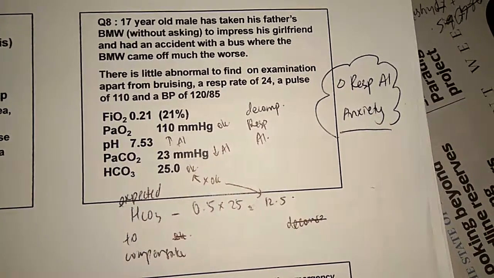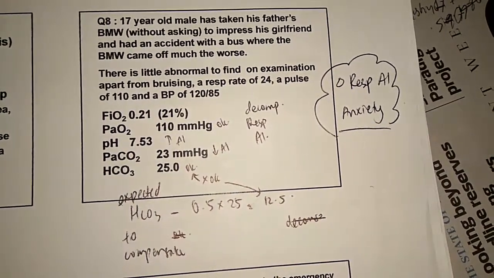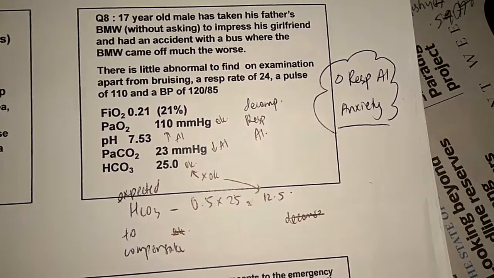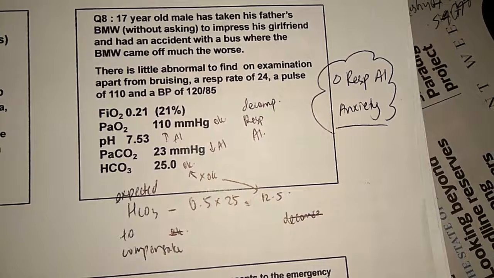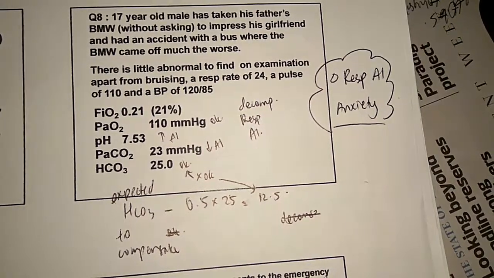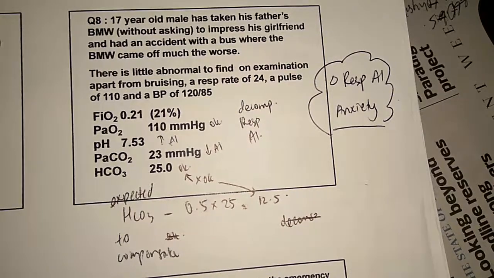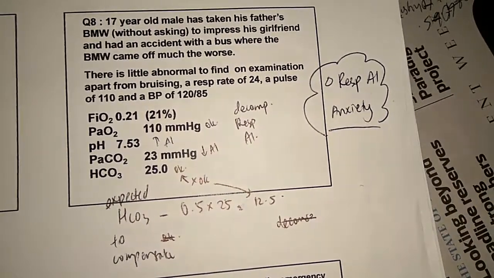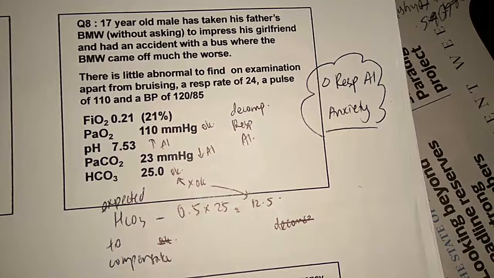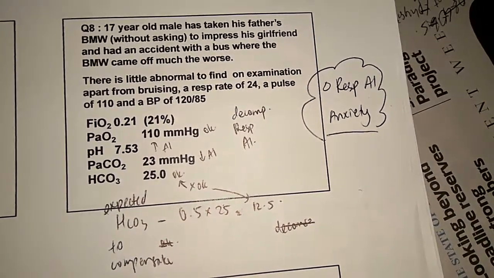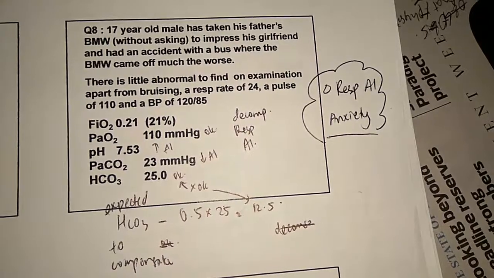He took his father's car to impress his girlfriend. However, he had an accident with a bus. On examination, there's bruising, respiratory rate high at 24, pulse rate high at 110, BP borderline 120/85.